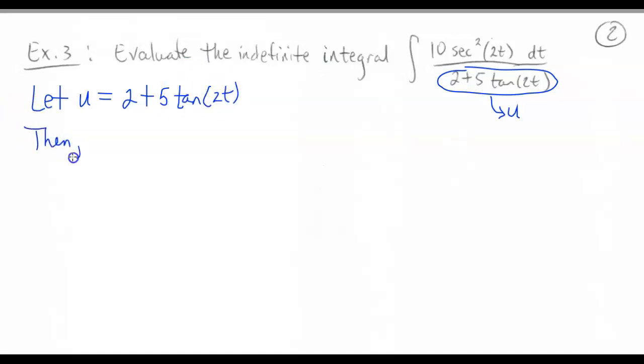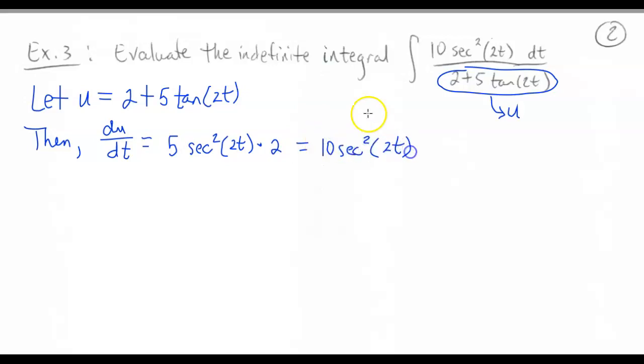And if that's the case, then we know that du over dt is going to be equal to 5 times secant squared of 2t. And since this is a composition function, we have to take the derivative of the inside function. And the derivative of 2t is just 2. And so this would just end up being 10 secant squared 2t.